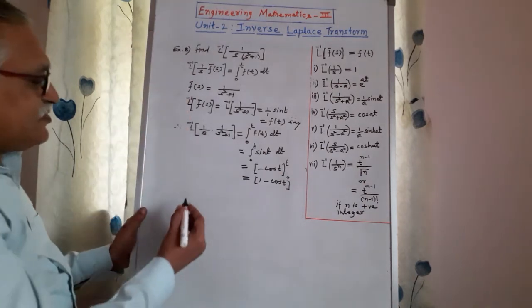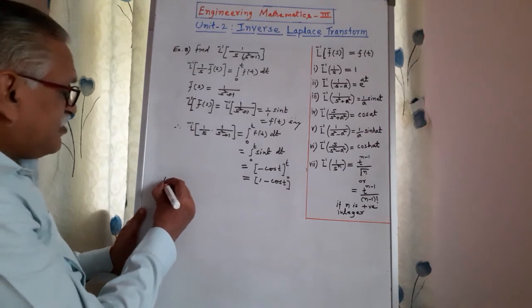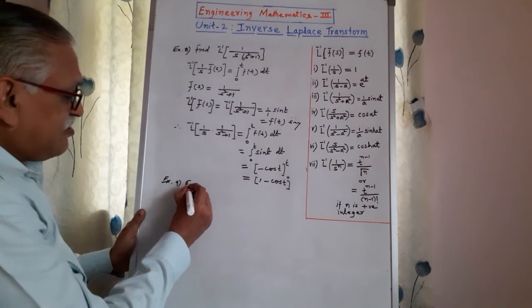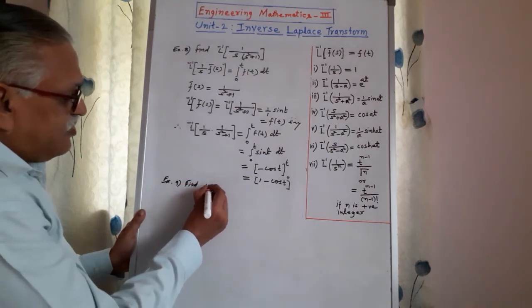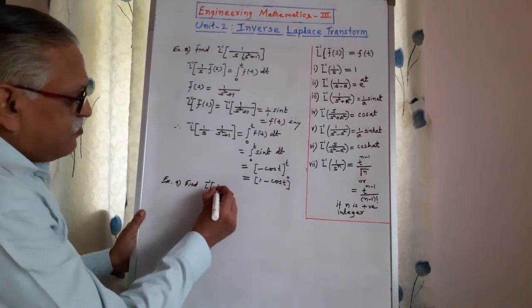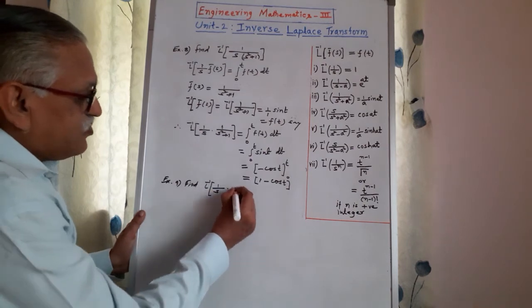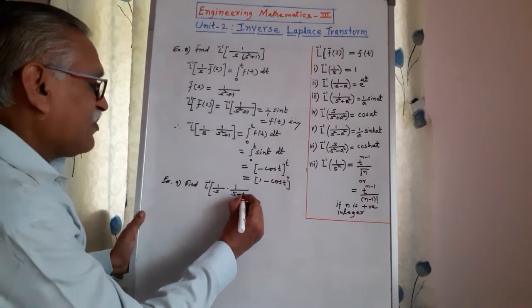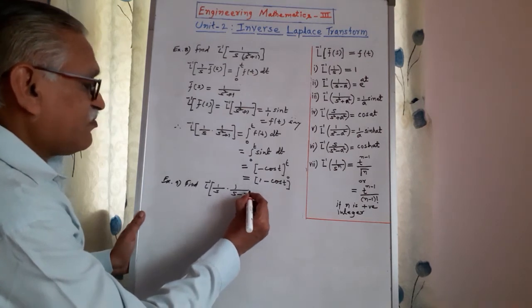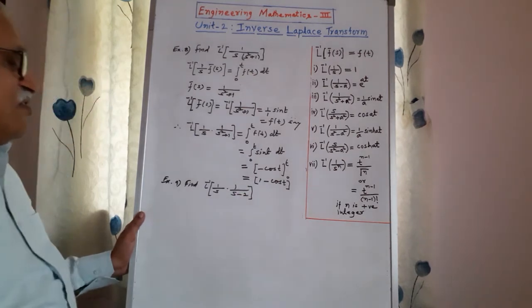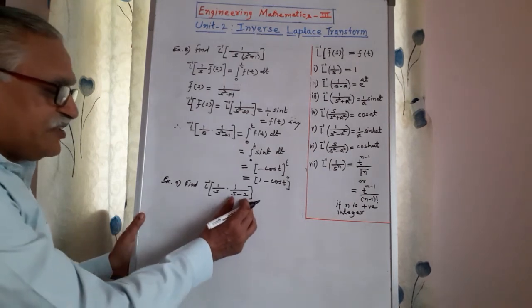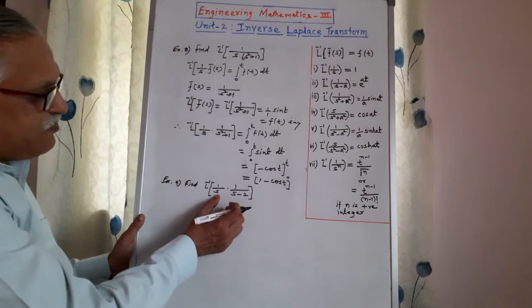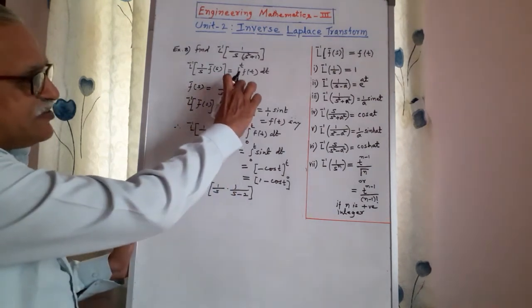One more example of this type. Find inverse Laplace of 1 by s into 1 upon s minus 2. Okay. If we consider this part as f bar of s multiplied by 1 by s, we have to apply this.